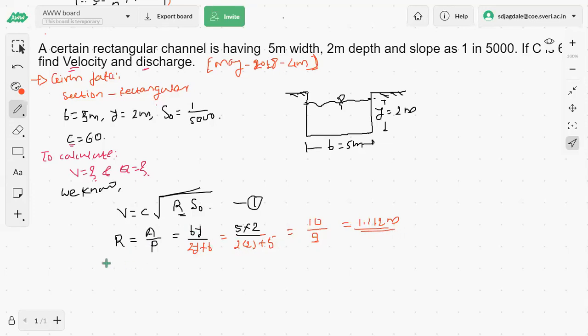Now put in equation 1. Therefore, equation 1 implies V is equals to, C is known to us, that is 60, into root of R as 1.112, into square root of S0 as 1 by 5000. Okay, go stepwise.